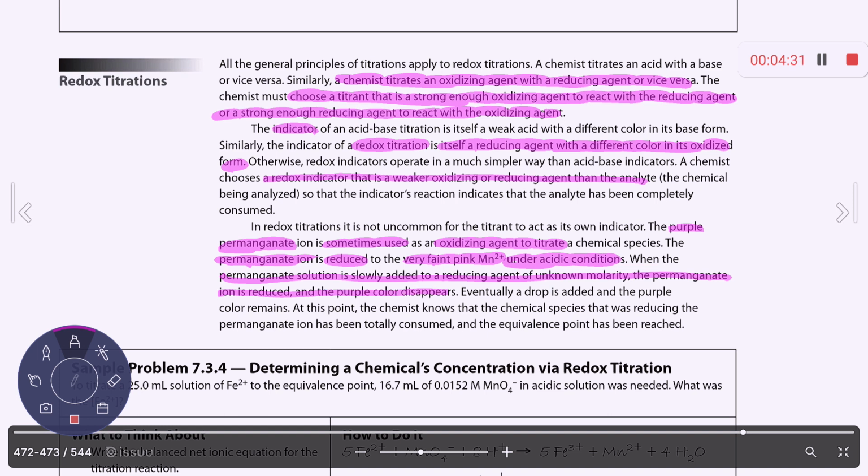Eventually you add a drop, the purple color remains, and at that point you know that whatever was reducing the permanganate has been completely consumed and you've hit the equivalence point. Okay, so take a look at the practice problems on the next page. We're going to take a look at practice problem number 1, A, B, and maybe number 2.